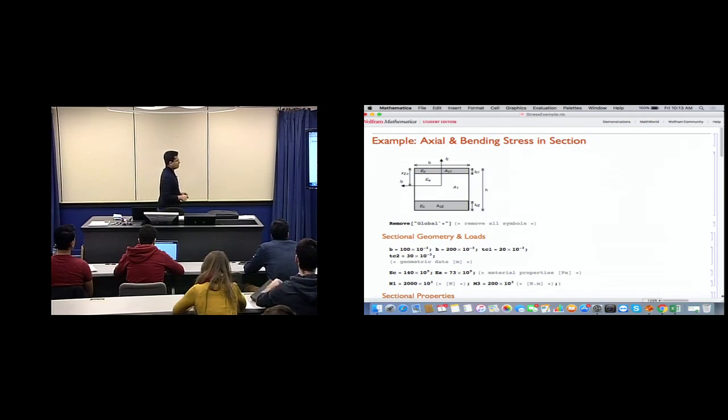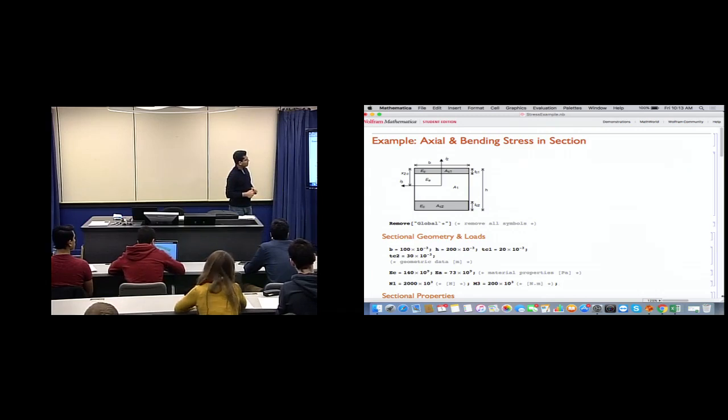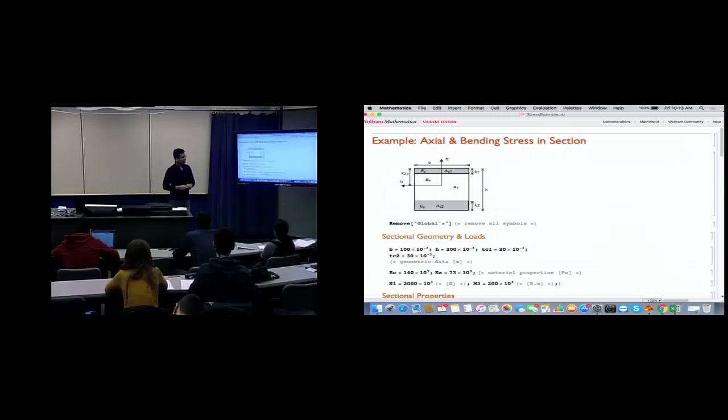So there is a cross section we have for the beam. This cross section has two materials, one with Young's modulus EA and one with Young's modulus EC. There is something different in this problem. The thickness of these two layers is not the same, right?